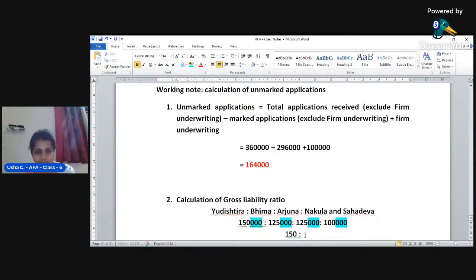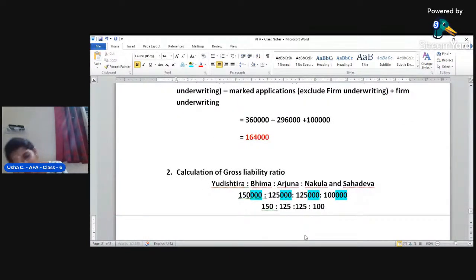If you remove all the 3 zeros, what will be the next step of simplification of ratio? 150 is to 125 is to 125 is to 100. Now all four items are not divisible by 10. You can divide it by 5, right? 5 thirties are 150.